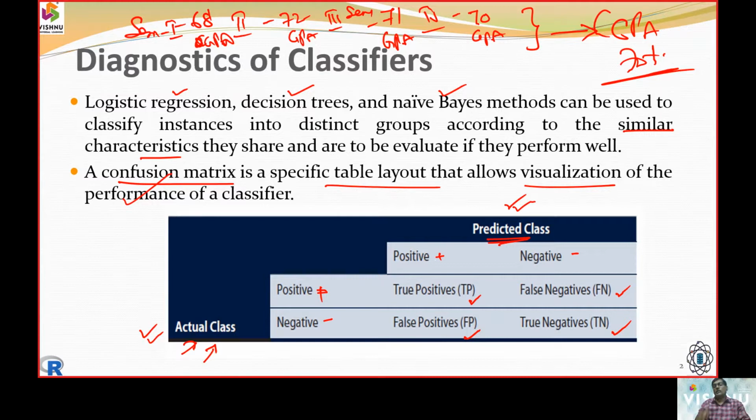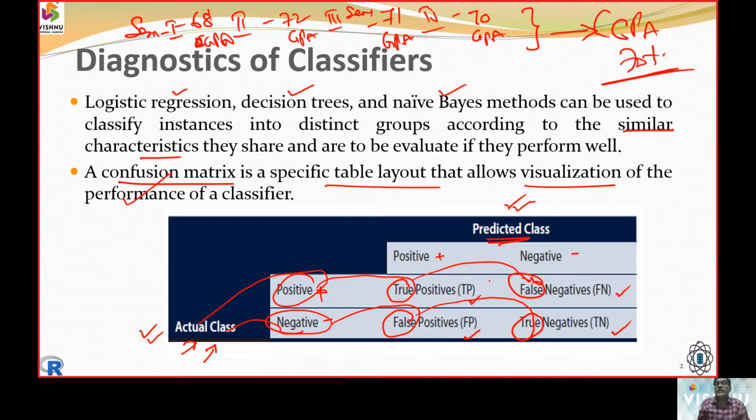A simple interpretation for a layman: when actuals are positive, it is true in one case and false in the other. Again, when actuals are negative, it is false in one case and true in the other.